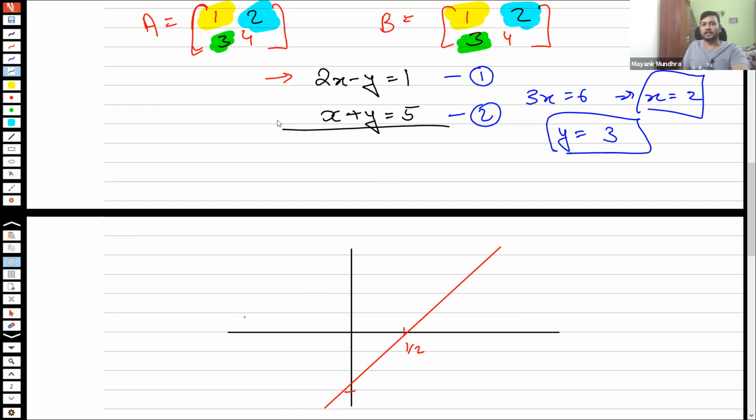And line 2 is x plus y equals 5. So it's going to be just 5 here and 5 here. I'm going to connect these points. It's going to look like this. The intersection point of these two lines is (2, 3). So this is the coordinate geometry interpretation of this system of equations.